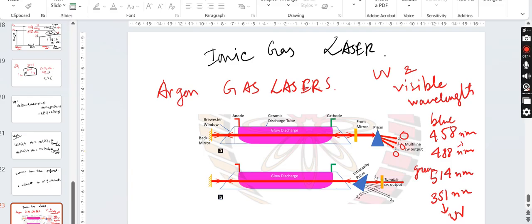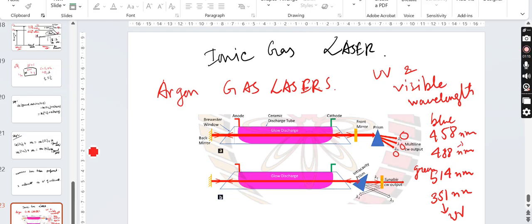But if you want only lambda 1, you can put the prism inside the cavity, and only lambda 1 falls on the mirror surface normally, resulting in single wavelength lasing at a time.